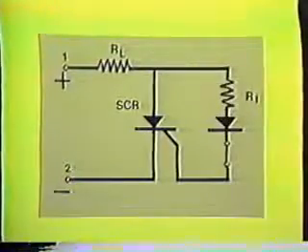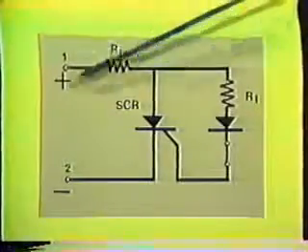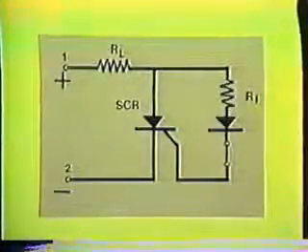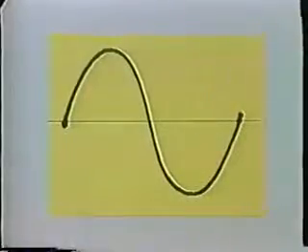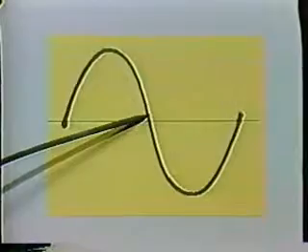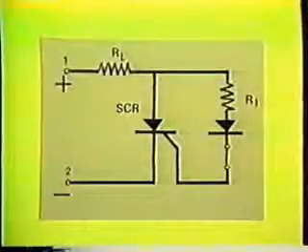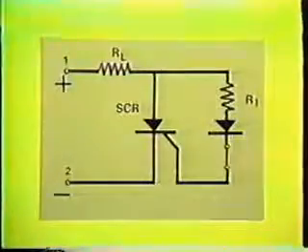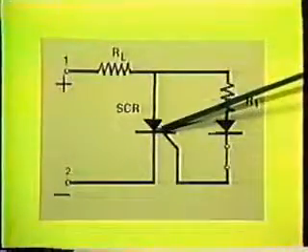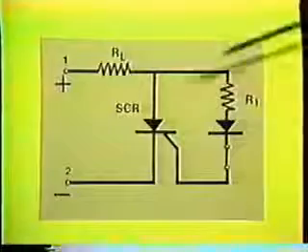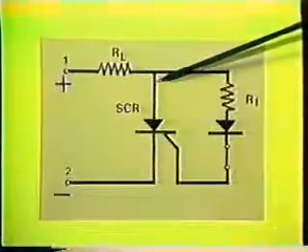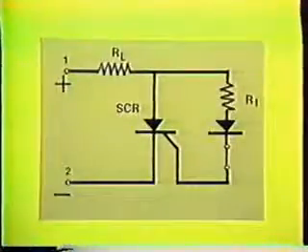If we apply an alternating current, or AC, to the input terminals 1 and 2, the SCR will act as a half-wave rectifier. It will conduct during the positive half cycle, but it will not conduct during the negative half cycle. Remember, we said that once the SCR was turned on, it would conduct until the anode voltage was removed.